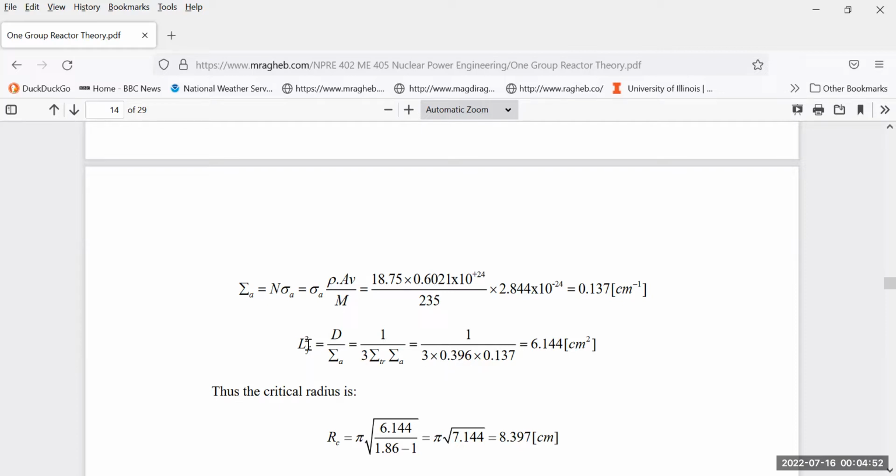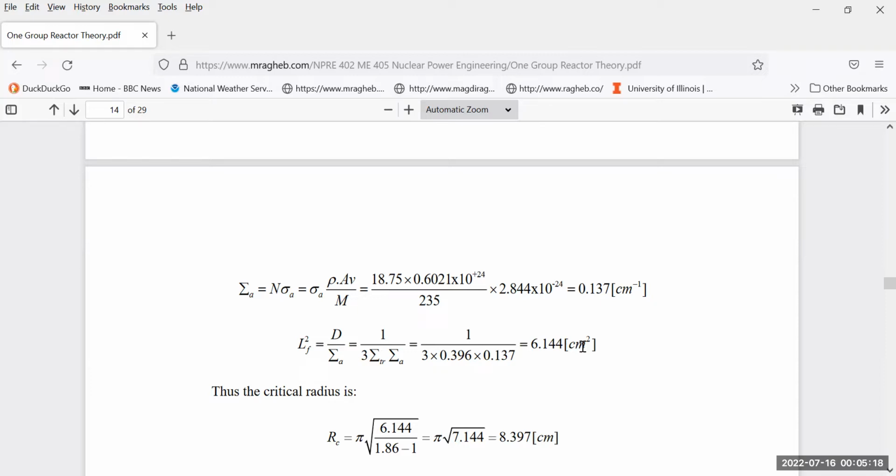So the diffusion area is 6.1 centimeter squared. Now notice engineering wise that it is not a millimeter, it is not a meter. So the neutrons travel the square root of 6 centimeters squared on average in that configuration that we are dealing with.